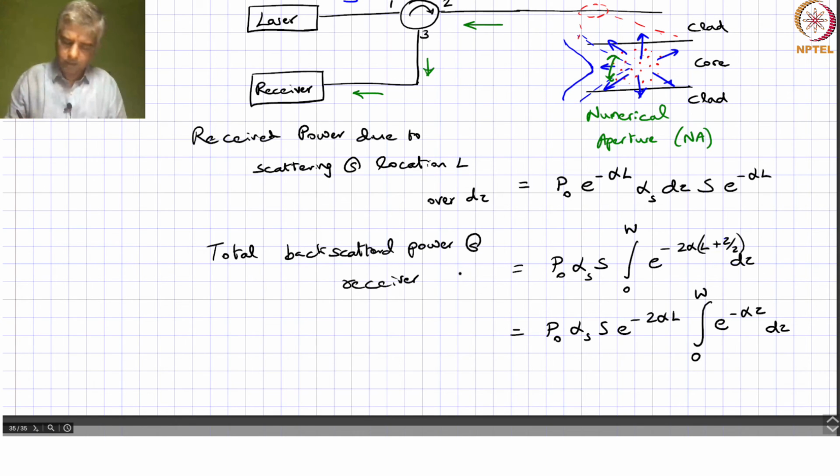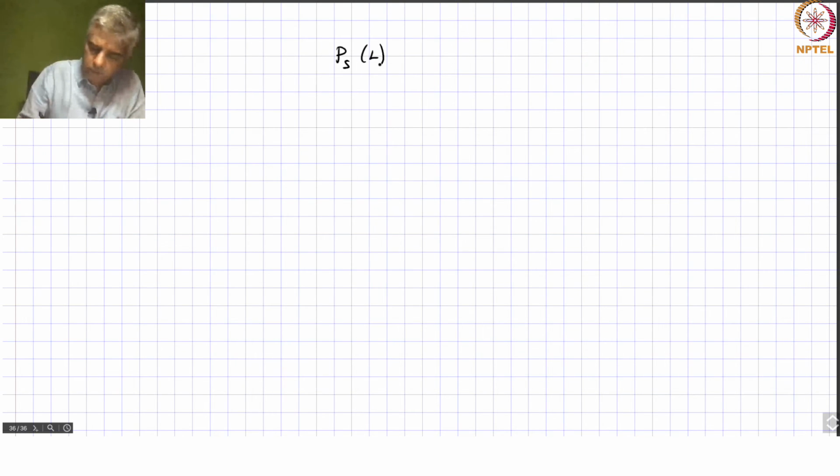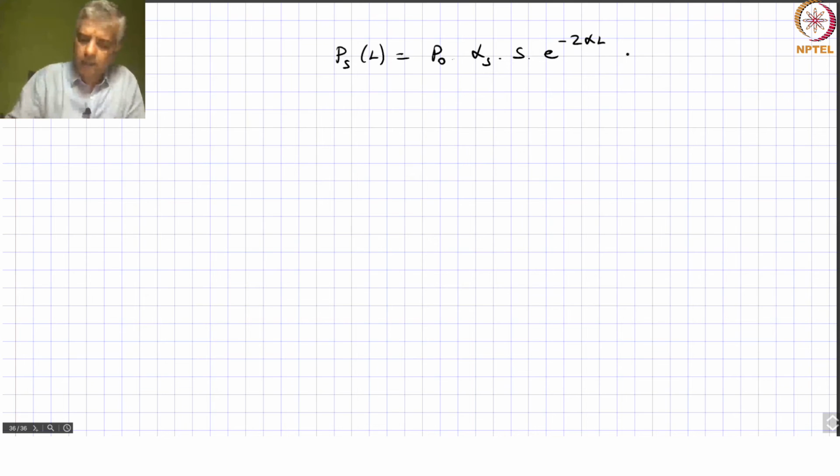Let's say this is the backscattered power PS of L due to scattering at a distance L. So PS of L is P naught multiplied by alpha S multiplied by S e power minus 2 alpha L, and when you do that integration you get 1 minus e power minus alpha W divided by alpha.